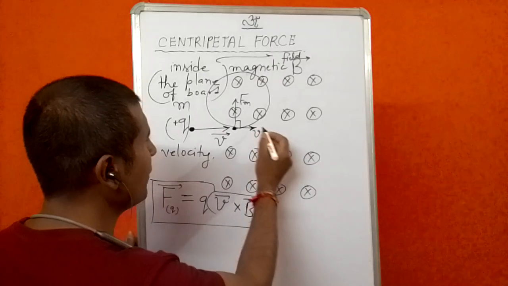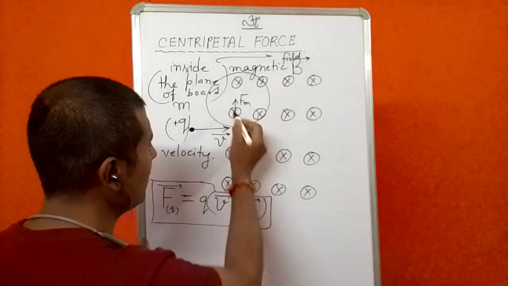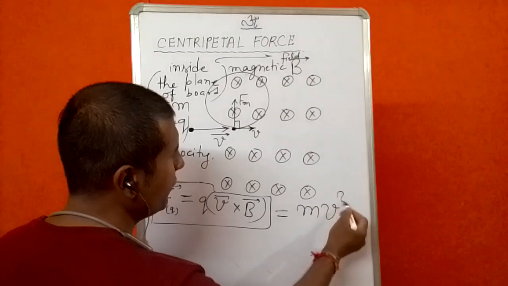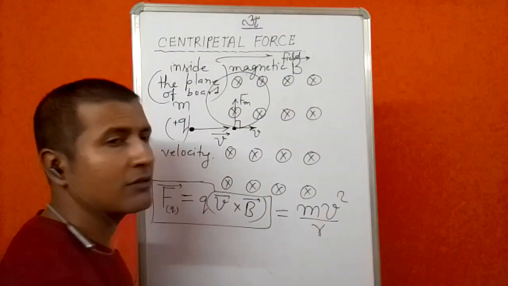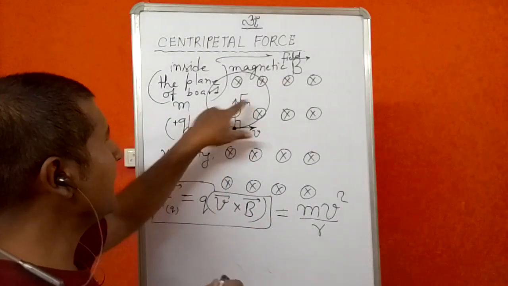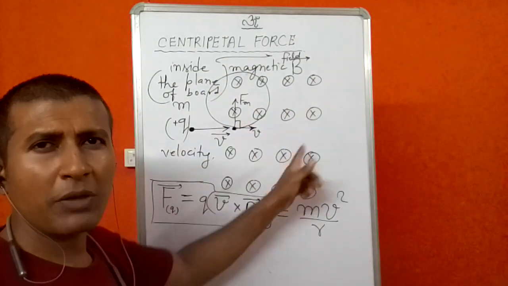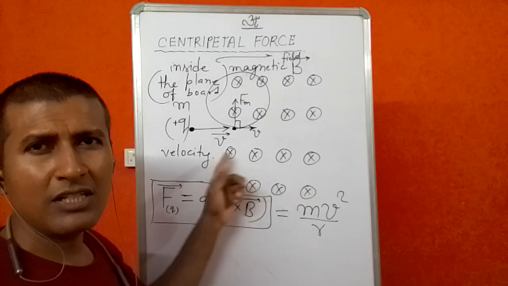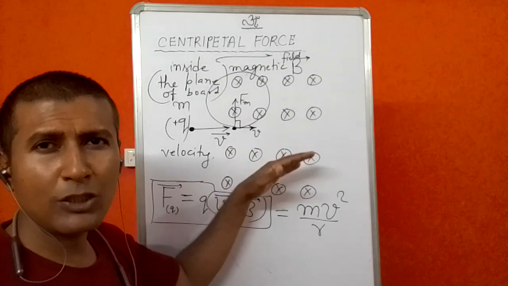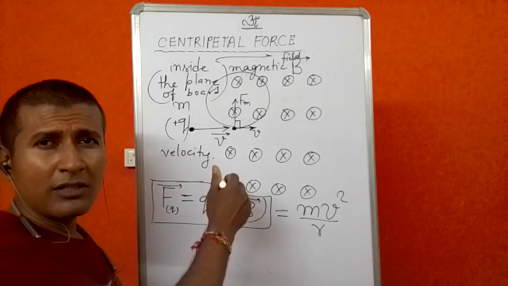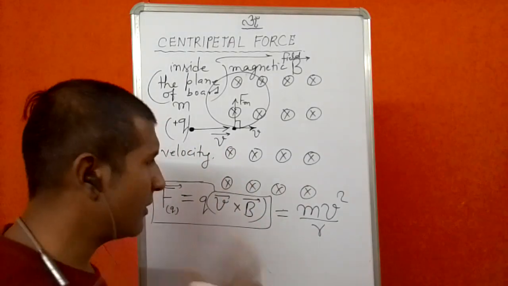So what is the centripetal force? It will be mv square by r, r being the radius of this circular path followed by the charge while entering into this magnetic field, which is inside the plane of this board. Is the point clear?